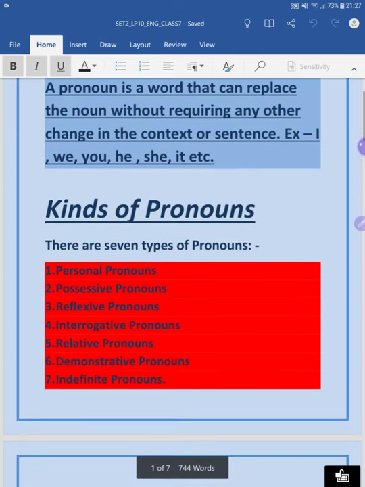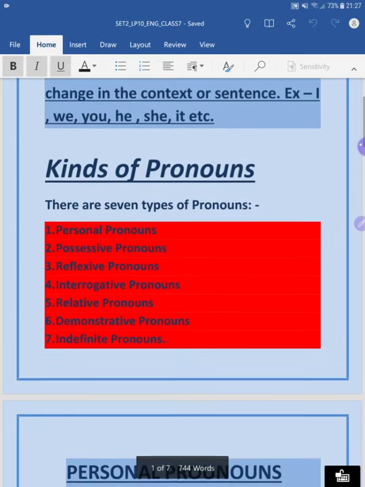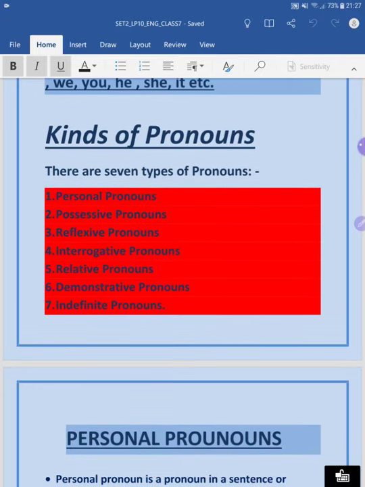Now next is kinds of pronouns. As you can see here, there are 7 types of pronouns. It keeps on changing according to the class. When you'll go in the higher class, you'll learn more kinds of pronouns. So initially we are going to learn the 7 types of pronouns what are written here.